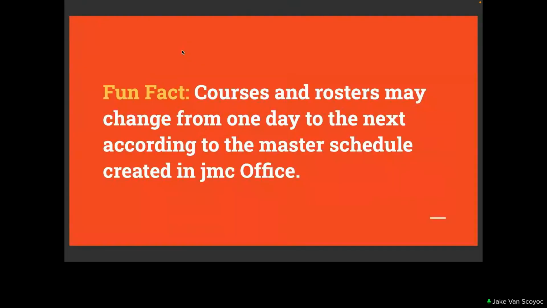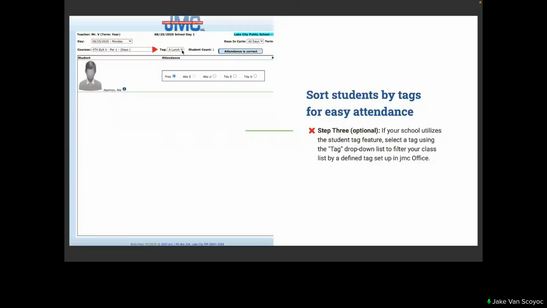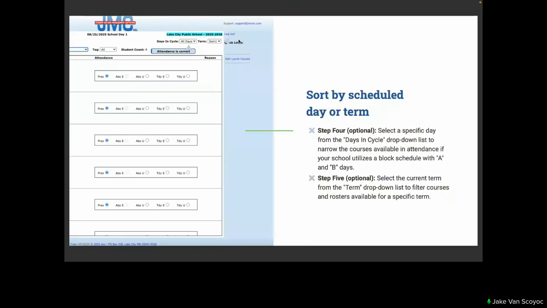Fun fact, courses and rosters may change from one day to the next according to the master schedule created in JMC Office. So we have a couple different tools that would allow you to view students that are either tagged or are only attending courses on certain days of the week. So we do offer tags, and we do have this drop-down list for days in cycle.